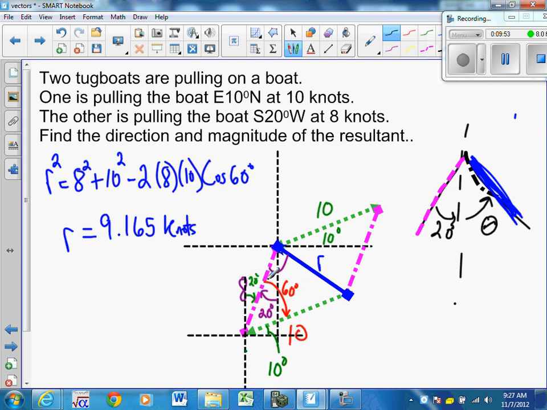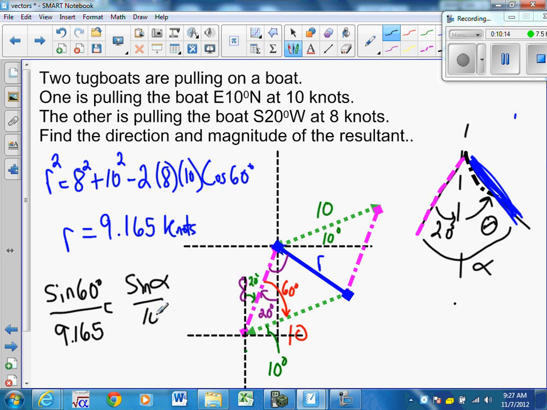So, I'm going to find that angle. I have the sine of 60 over 9.165 equals the sine, I'm going to call it alpha, because I'm going to call this whole angle alpha, over 10.